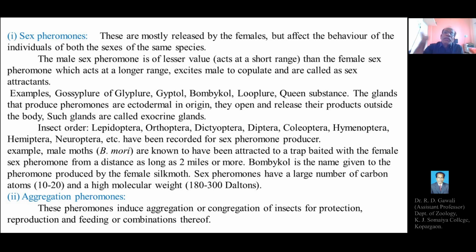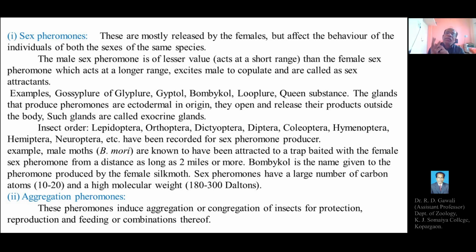There are different types of insects or pests which also produce such biochemicals in the form of sex attractants, and these chemicals can be used for collection or aggregation of males and females at a particular spot.